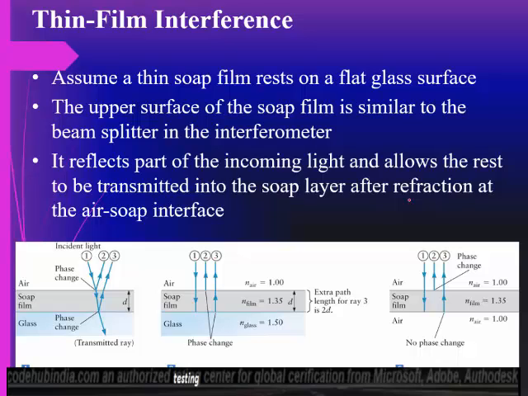Both of these are the transmitted rays, and the indices are 1 for air, 1.35 for soap, and 1.5 for glass, and the ray travels 2d, and air should be 1.5.